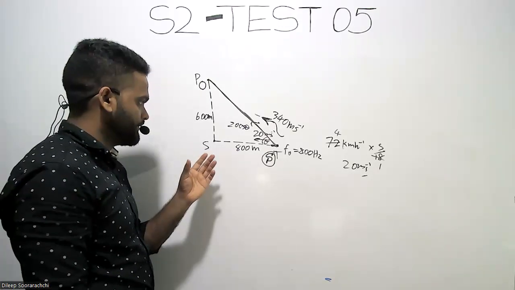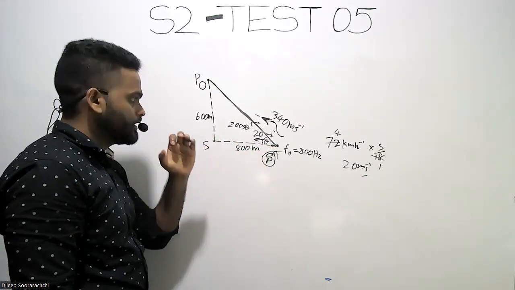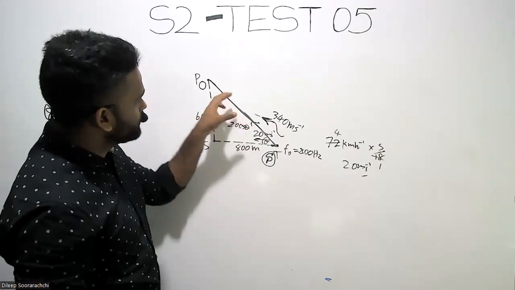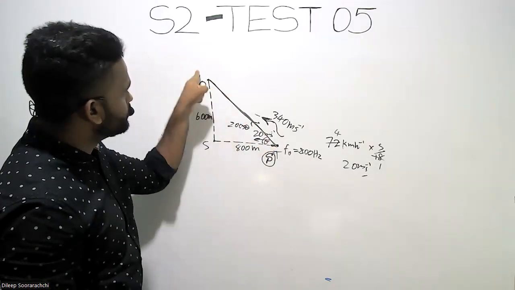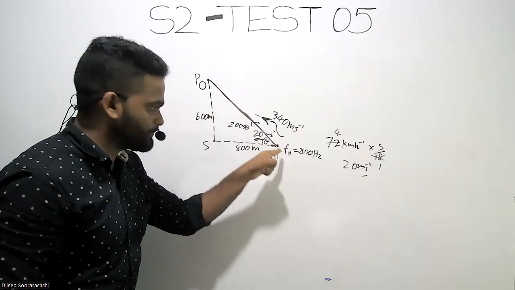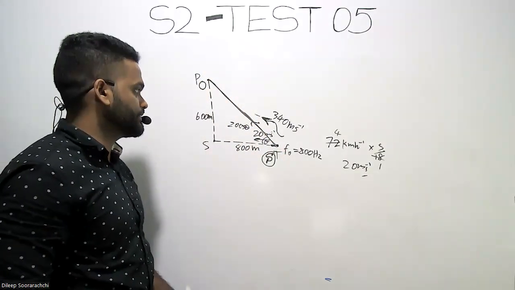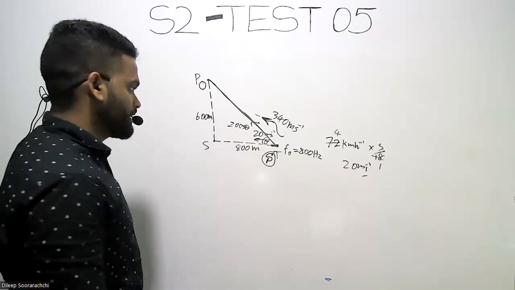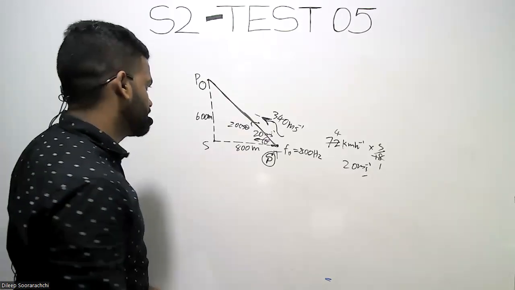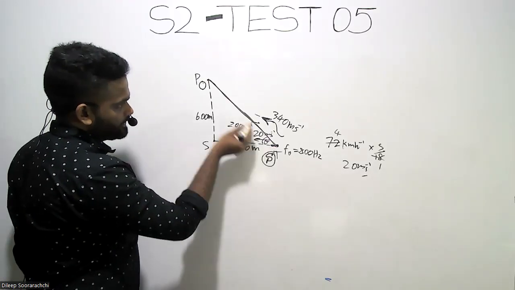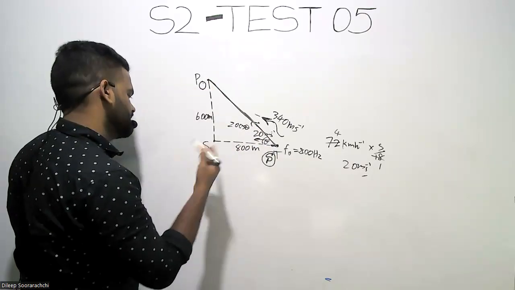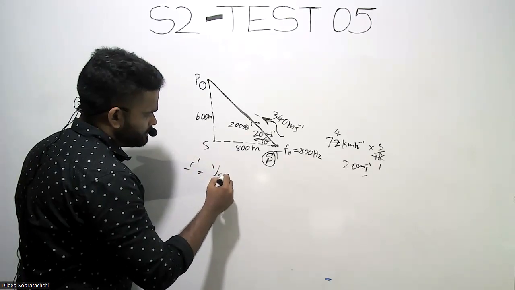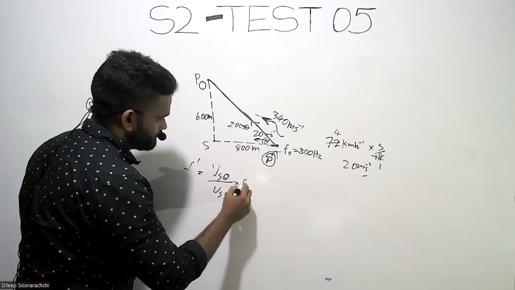It's actually moving in this direction, but what is relevant to the apparent frequency is the component along this line. Everything happens along this line for apparent frequency. When you are finding apparent frequency, what matters is the line between observer and the source, whatever the direction they move. So everything should be along this line. Then there's no difference to the other questions. F dash is VSO divided by VSS times F naught.